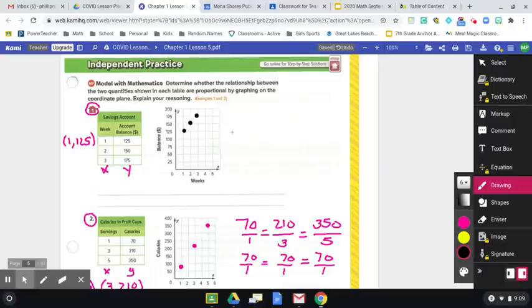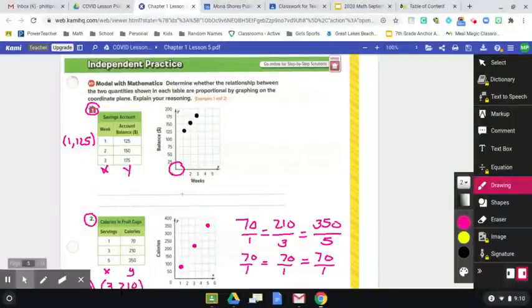Now, you're trying to determine if this is a proportional relationship. And so if you take a look right now at what you see on the graph, it looks like it's going to be a straight line. But what is the biggest problem with this right now? What do you notice right away based on what we've talked about? Is it going through 0, 0 here?